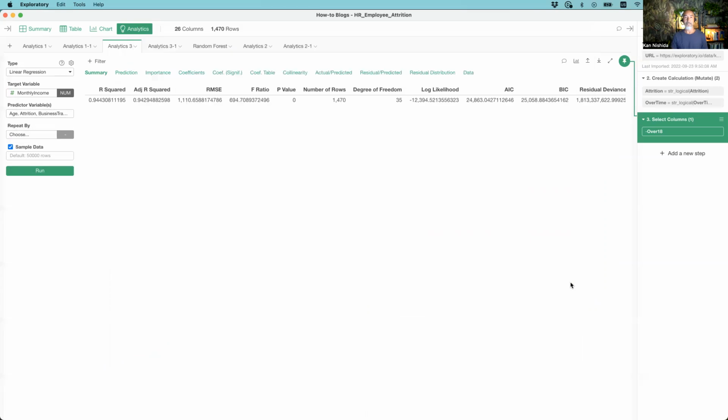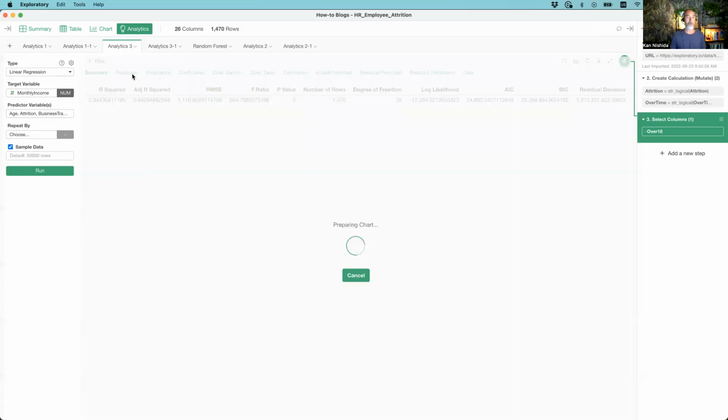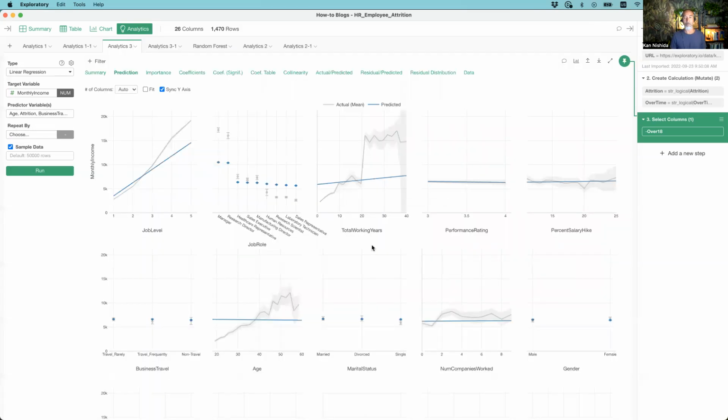That means if I go to the prediction tab, and then where's the total working years here? Let's take a look at this second from the top. It says coefficient 45. You remember previously, when we had only working years as a predictor variable, we had like $460 something there. But now it's only $45. That means if you have a 1 year increase in working years, you can expect only a $45 increase.